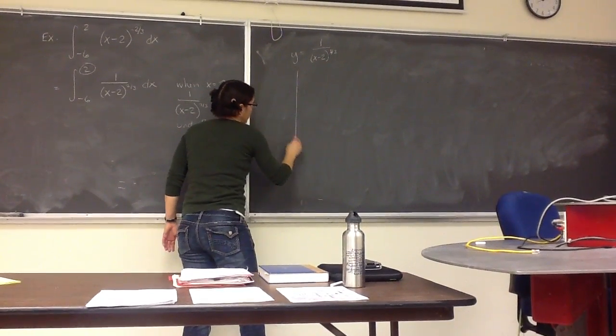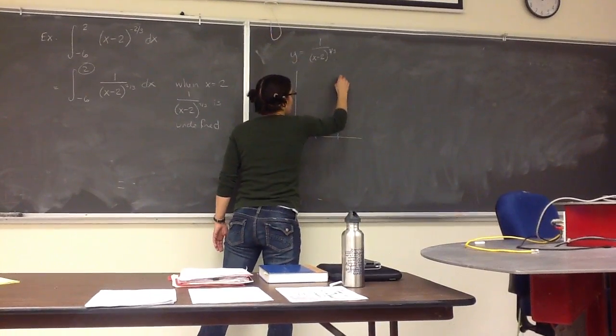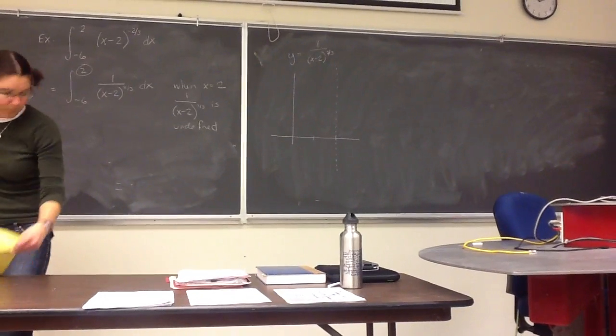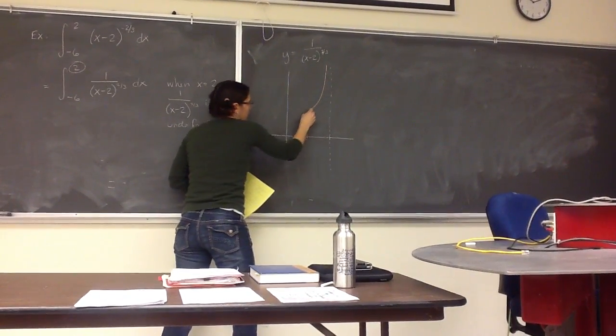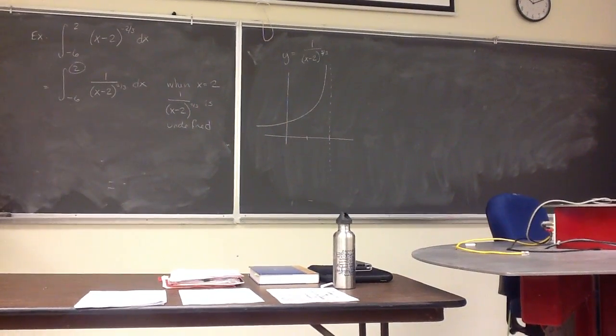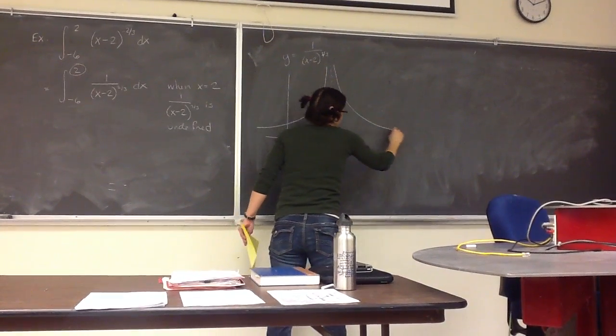But if you graph this function, you should end up with a vertical asymptote at x equal to 2, and a function that looks something like this, moving off to the left, and something like this, moving off to the right.